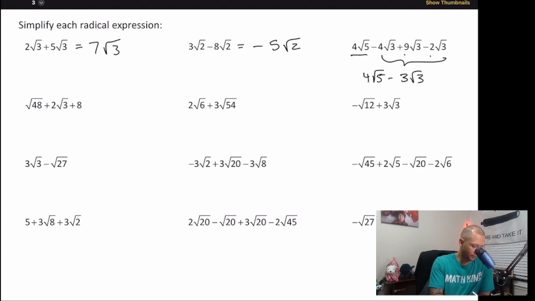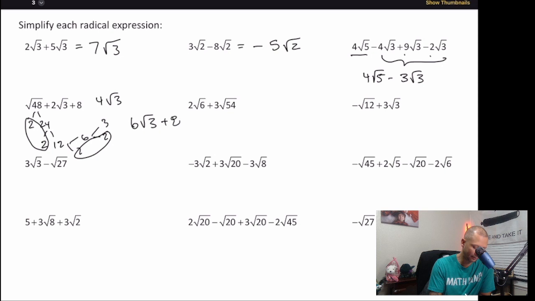Root 48, this can be broken down into 2 and 24, 2 and 12, 2 and 6, 2 and 3. So we have 2 pairs of 2's, so I can pull out a 4. 2 times 2 is 4. 4 root 3 plus 2 root 3 will be 6 root 3 plus 8.